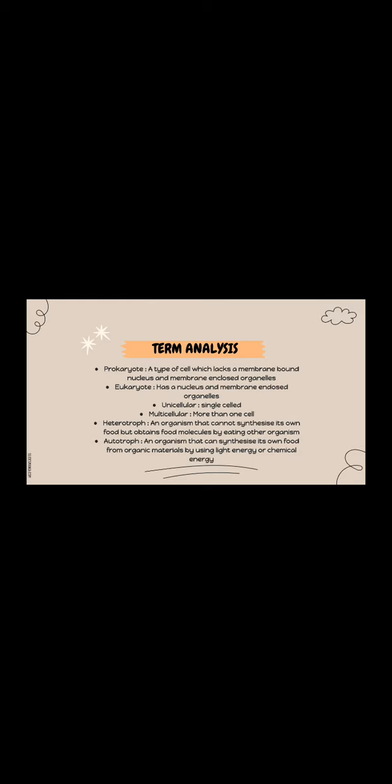Then we have unicellular, which is a single cell, and multicellular, which is more than one cell. We have heterotrophs. It is an organism that cannot synthesize its own food but obtains food molecules by eating other organisms. And the last one is autotrophs, an organism that can synthesize its own food from inorganic materials by using light energy or chemical energy.